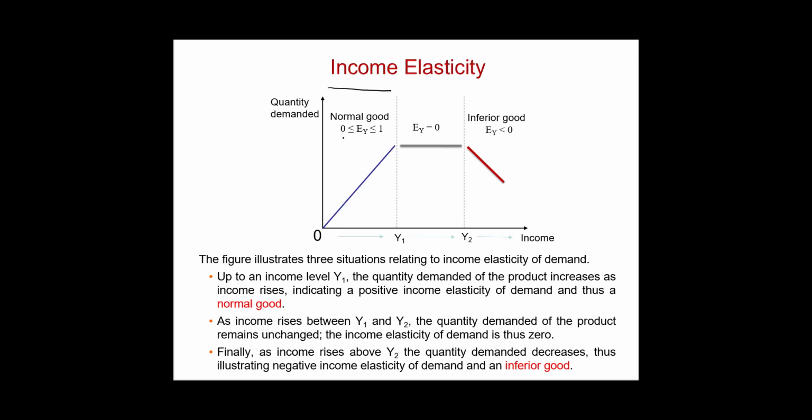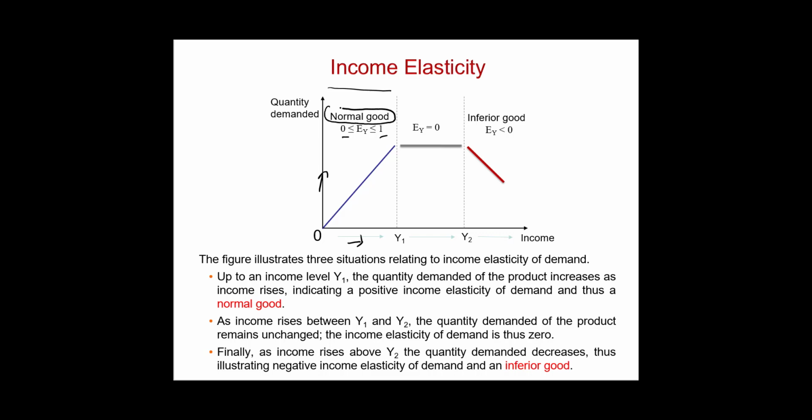This is a range between 0 and 1. So in other words, income elasticity is less than or equal to 1, but is positive. And here, as the income rises, quantity demanded for the product increases. So in other words, as we get richer, our demand for the good increases. Usually these products or goods are called normal goods.